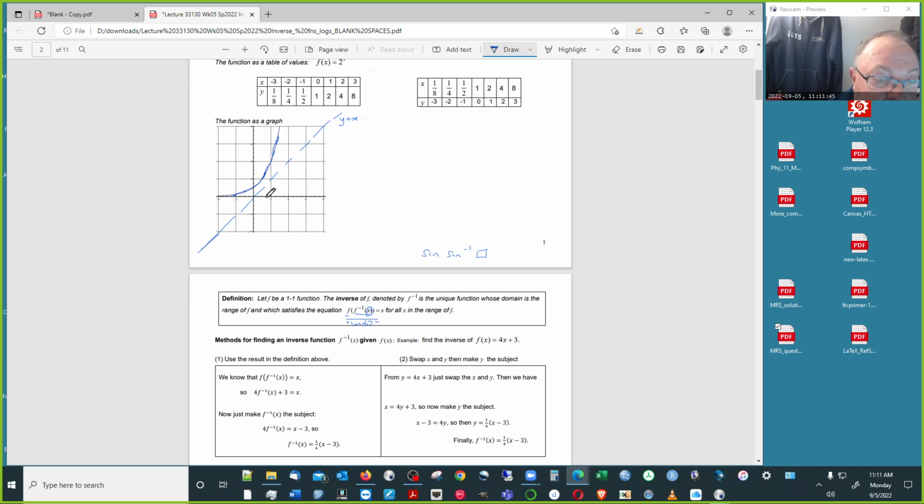You'll get the mirror image of this. I don't know if you've seen that before, but this is an example of an inverse. So this is the 2 to the x function, and this is the inverse function. I've just drawn it on there to make it the same. Okay, so it's the inverse function.